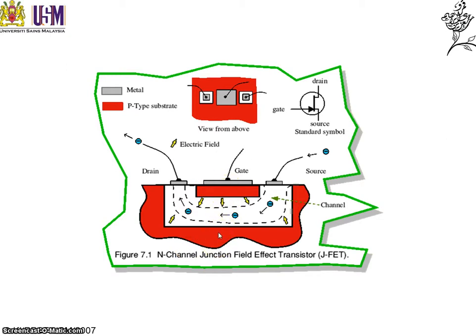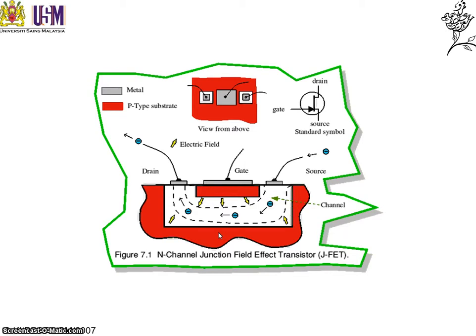A reverse bias between these p regions and the channel causes the depletion region to go into the n material. Therefore, the effective width of the channel can be restricted. You can fix the resistivity by doping, and channel resistance can vary with the changes in the effective cross-sectional area.